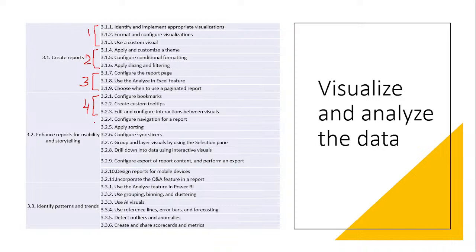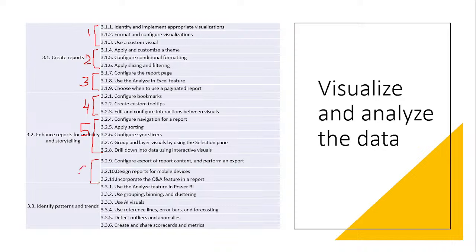Configure navigator for the report, apply sorting, configure synchronize slicer, group and layer visuals by using selection pane, and drill down into data using interactive visuals. This will be session 5. Configure, design, incorporate.